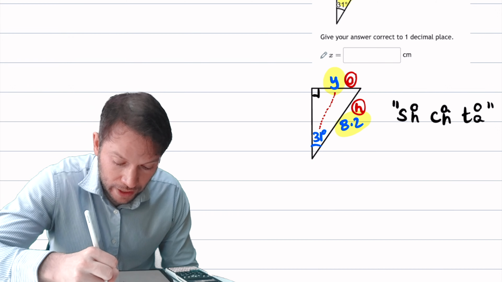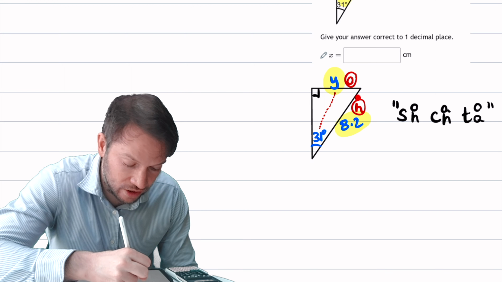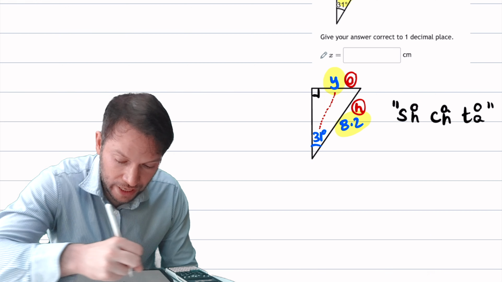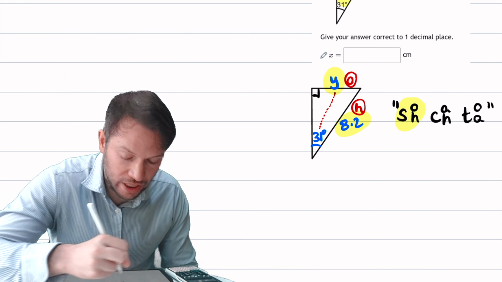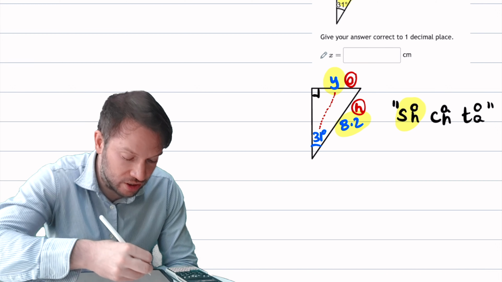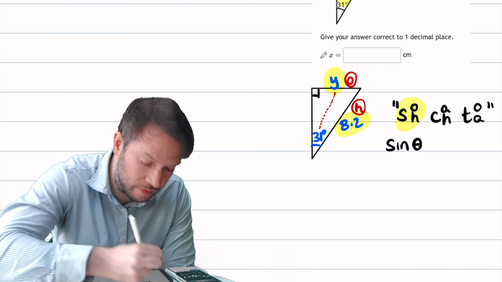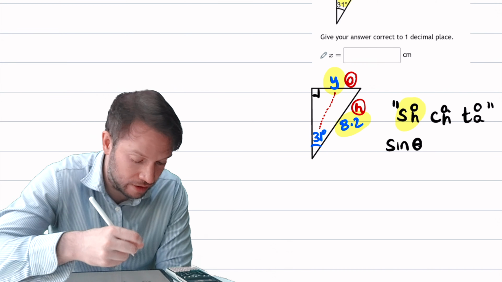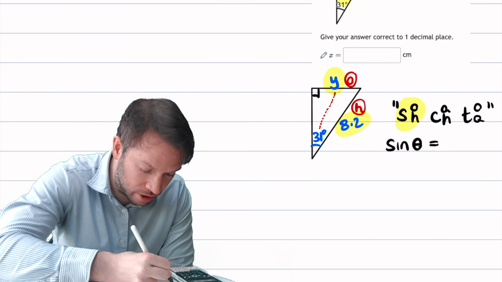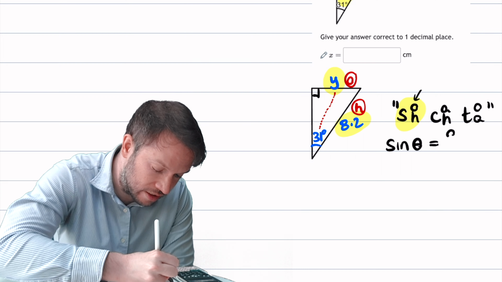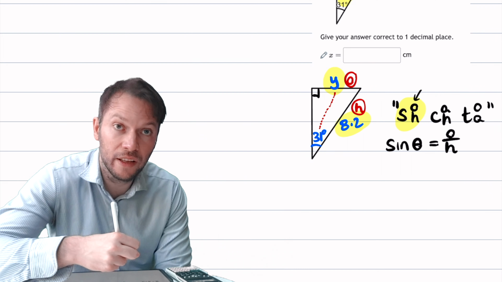Now, we're involving, in this problem, O and H. So we're going to use this one here, the O and the H is here. And what that's actually short for, the SOH, is sine of the angle. So we use theta generally to mean the angle of interest in the right angle triangle, sine theta is equal to, and then over here you've got opposite divided by hypotenuse, like that. So that's what it's short for.